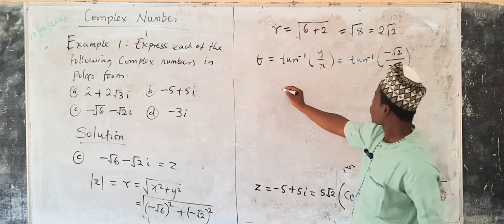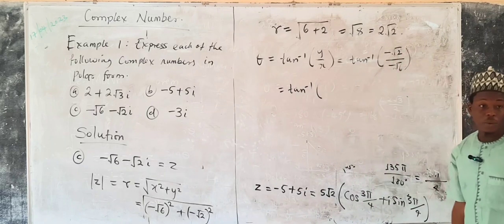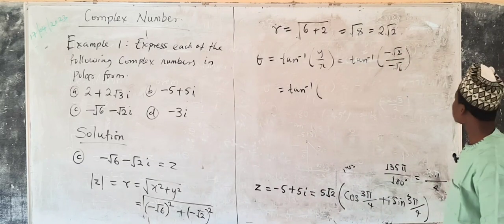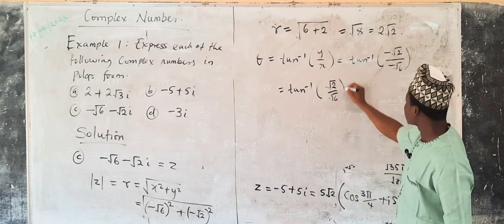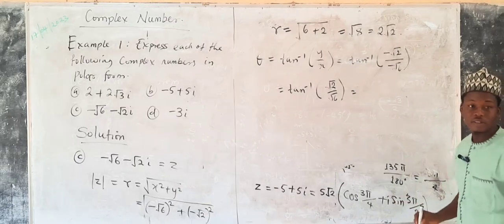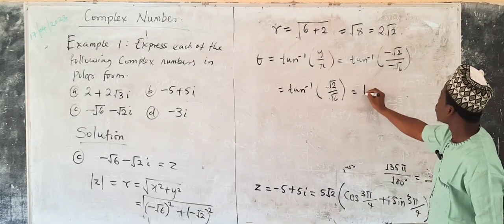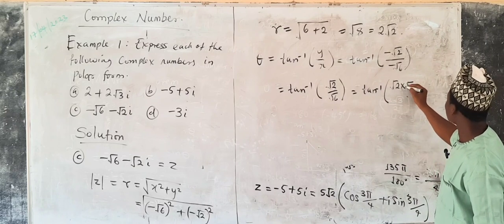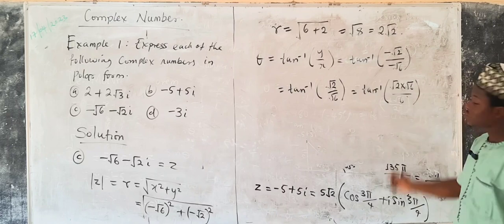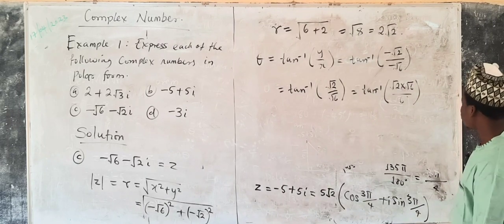So we have tan inverse of minus over minus, right? So root 2 over root 6. Rationalize. So we have tan inverse of root 2 times root 6 over 6. Right? By rationalizing the denominator. Good.